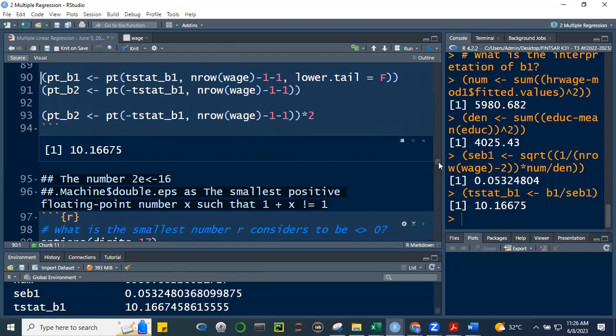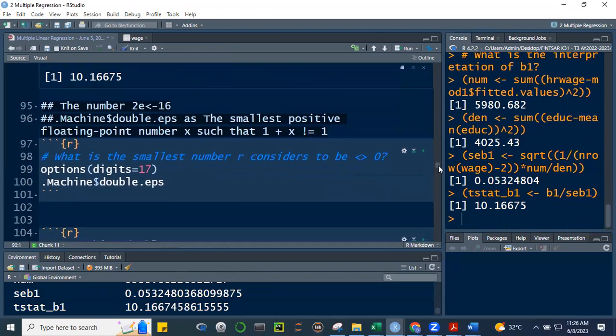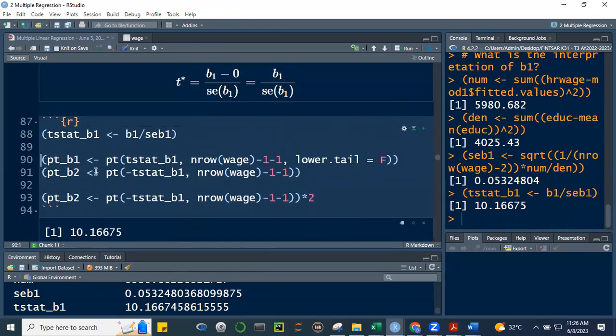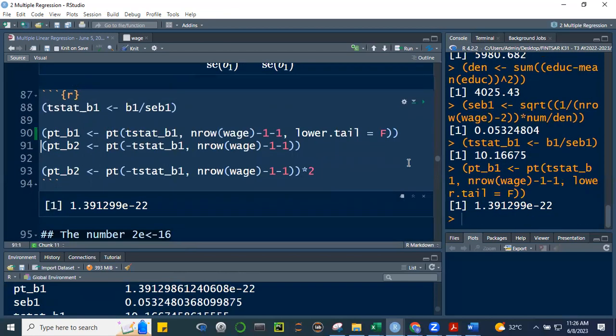And then when you have the t-stat, you can now compute for the p-value. Okay, so let me compute for the p-value here. Sorry, it should be times 2, no? That's only one side of the tail.